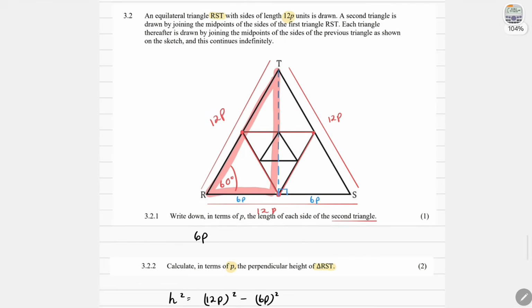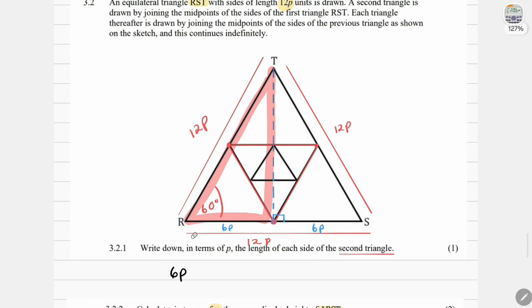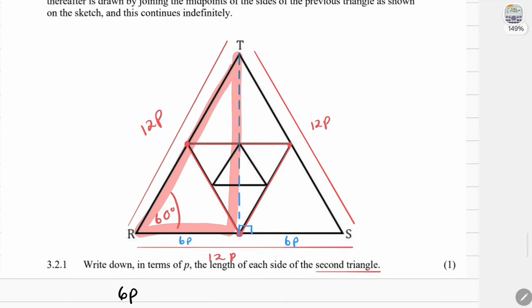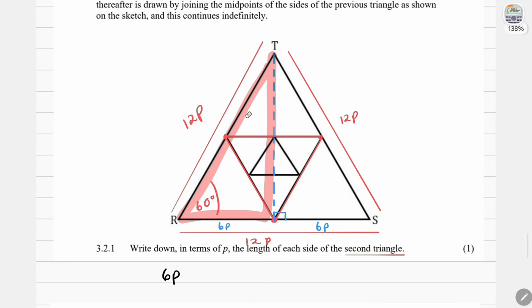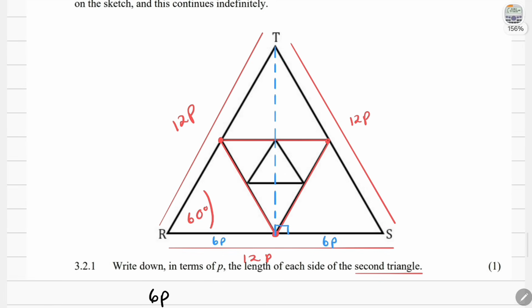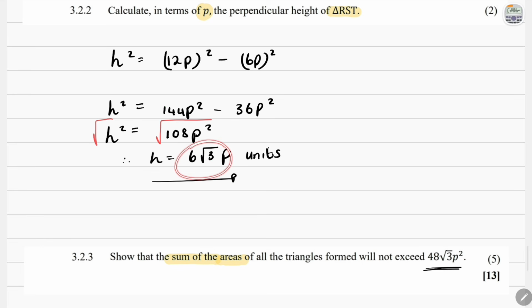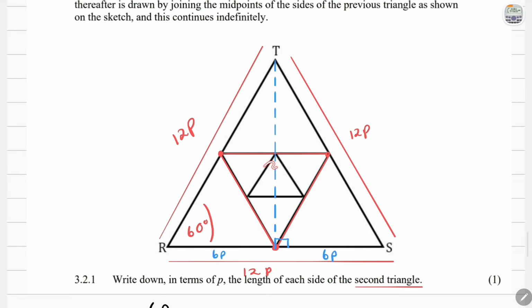Now, in the first triangle, we can see that the base is 12p units and the height, we already found it. Also note that with the heights of the triangles, the height of this first triangle was 6 square root 3p units, so the next triangle will be half of this, and then the next triangle will be half of whatever the previous height was, and so on.